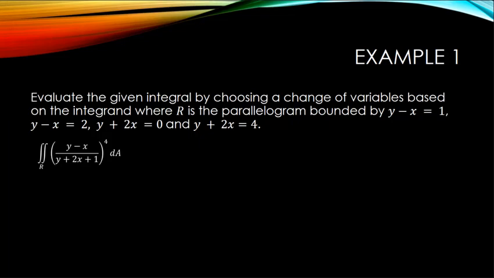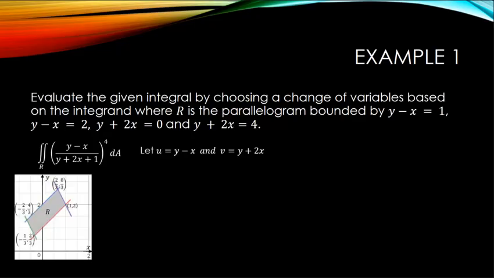I'm evaluating the double integral over the region R of the quantity y minus x over y plus 2x plus 1 raised to the 4th power dA. I'm going to let u be y minus x and v be y plus 2x.